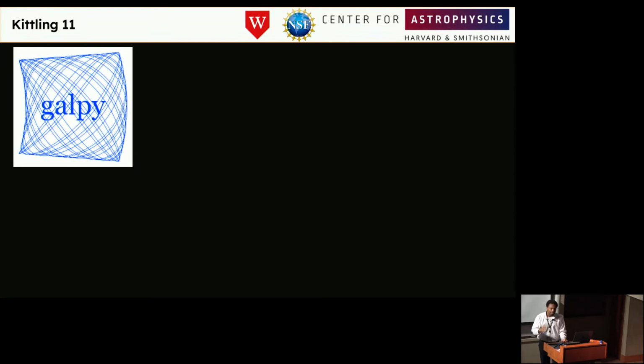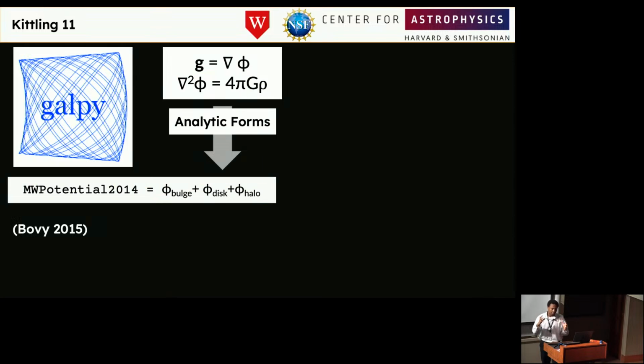So Galpy basically uses potential theory to model the gravity of the Milky Way or any sort of complex object in terms of analytical potentials. For example, it takes the Milky Way and decomposes it into 3 separate components, the bulge, the disk, and a halo. For each of these, it assigns an analytic function that expresses its potential.